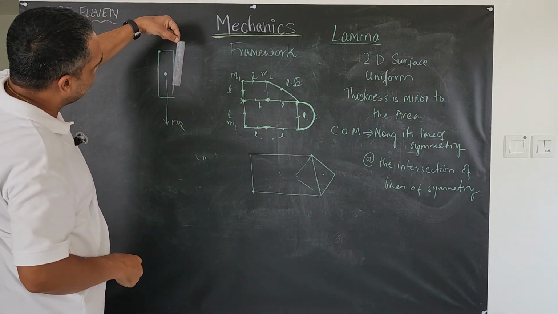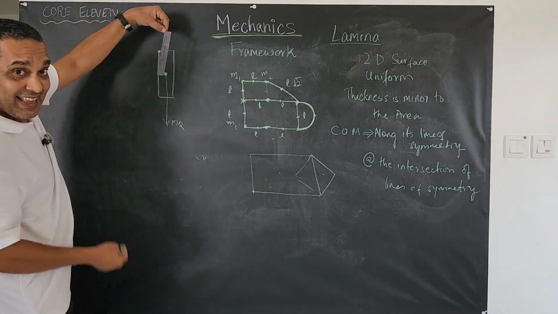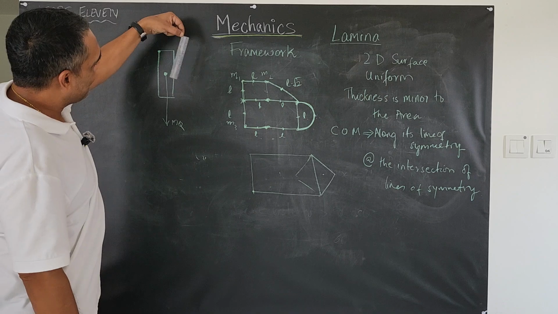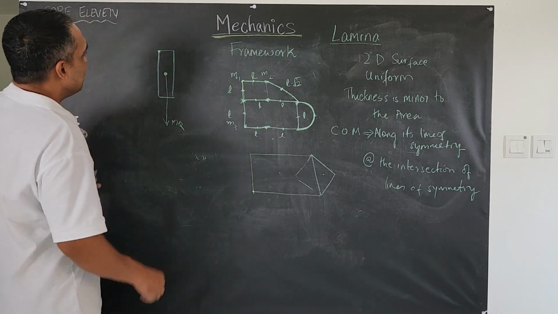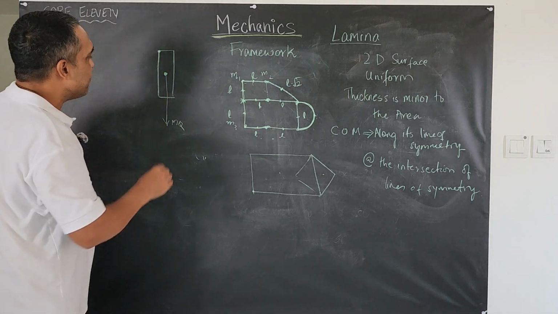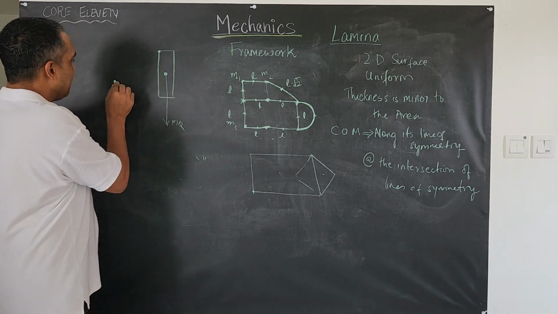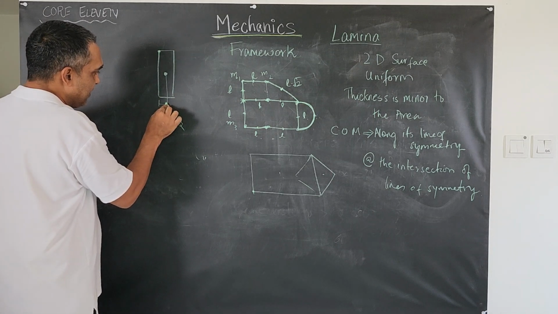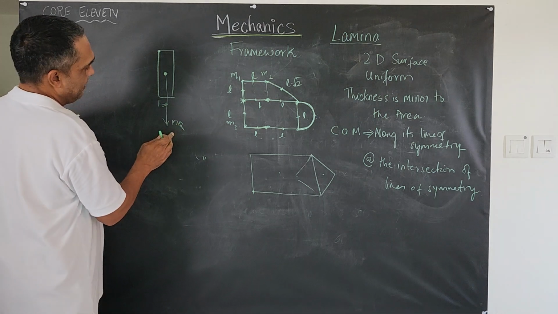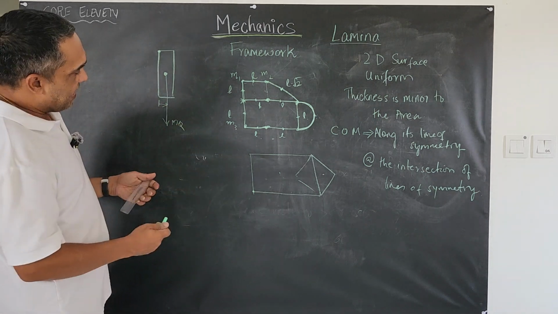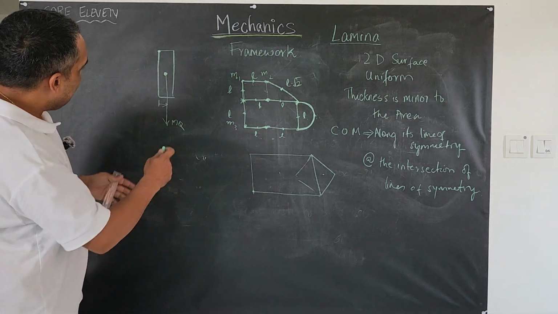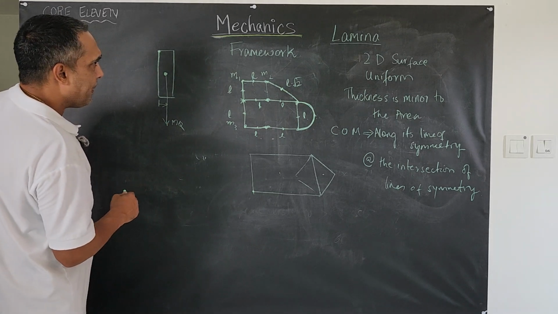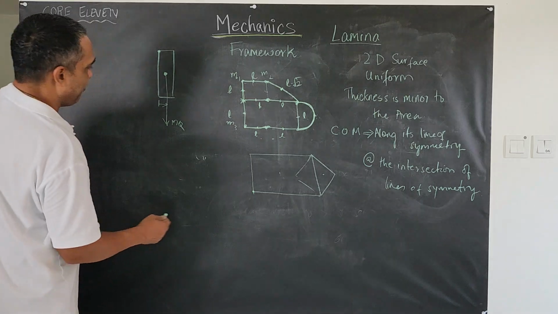But if I just let it loose, relax, like what I defined as a hinge, it swings freely, it comes to rest there. So there is a moment around this point, and that moment is this perpendicular distance times this force. That creates a moment of the force, and it brings it down to the point where there is an equilibrium, meaning there is no further moment.